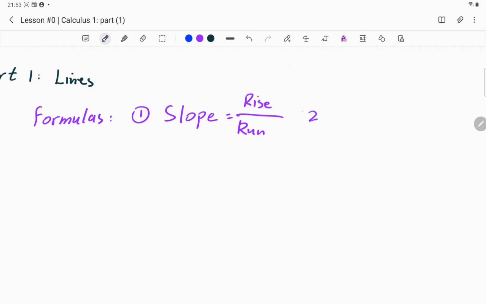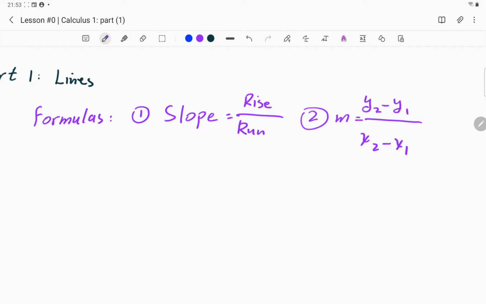The second formula is again slope, which you can define as m. So I'm going to write m this time instead of slope. So m equals y2 minus y1 over x2 minus x1. That's the second, or technically the first.